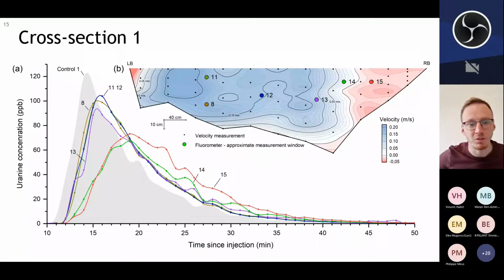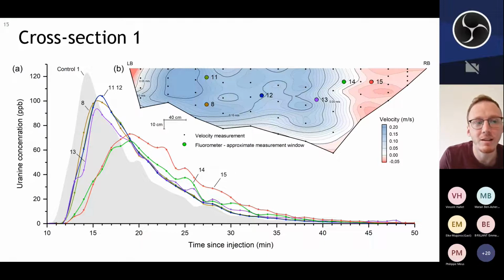This is the result for cross-section 1. So you have, first of all, the breakthrough curve in gray, which is the control fluorometer, which was a bit upstream. I will tell you later what it is used for. And then you have 8, 11, 12, 13, 14, 15, which are the fluorometers placed along the cross-section 1. You can see that the signal is quite different.